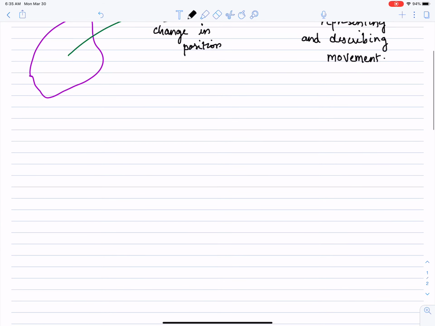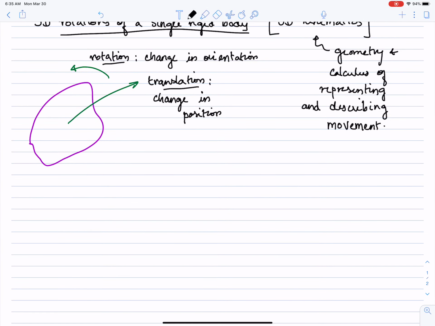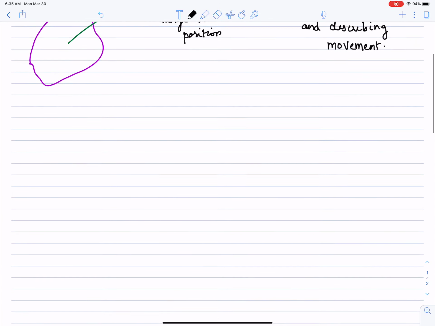Okay, now if you have an object doing that, how do we represent its change in position and change in orientation in 3D? Okay, so let's say this is in 3D. So how do we do that?